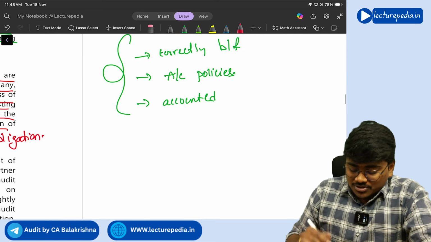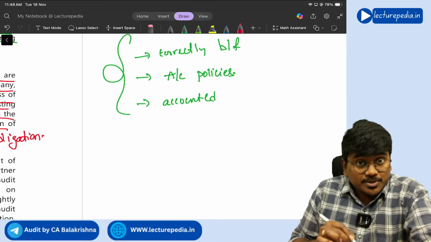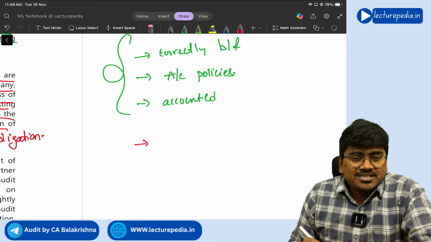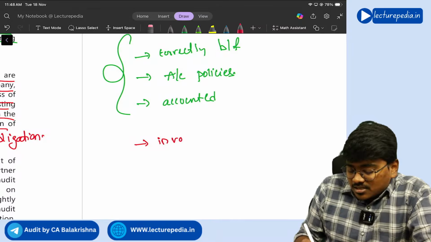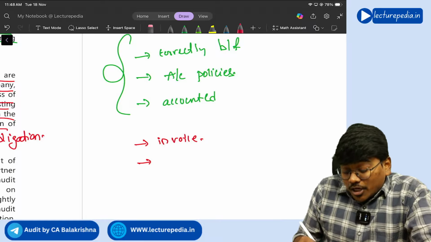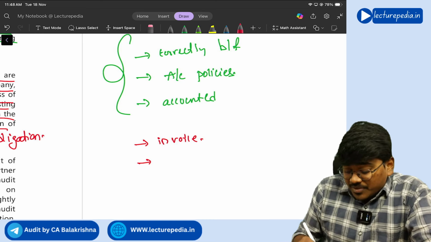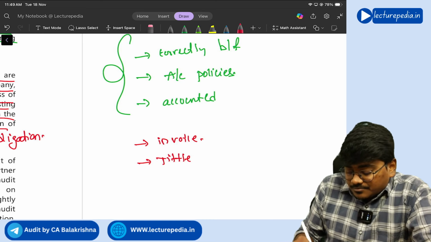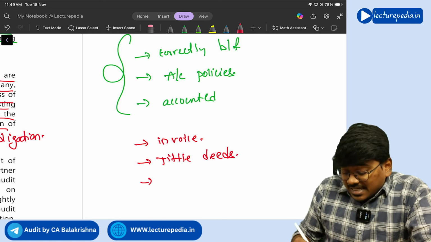So what procedures you will perform to verify rights and obligations with respect to PPE? See, with respect to additions, you will check whether purchase invoice is in the name of company, and if they are immovable property like land, building, then you will check whether title deeds are in the name of company, and whether those title deeds are original copies.